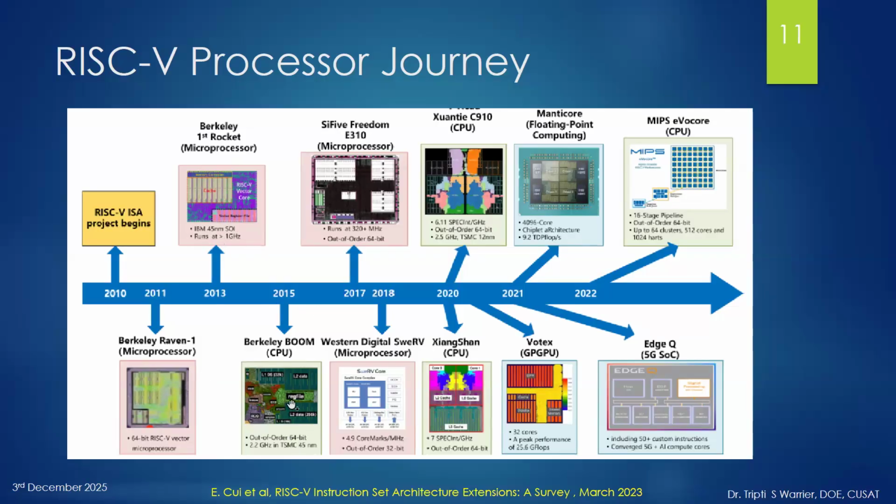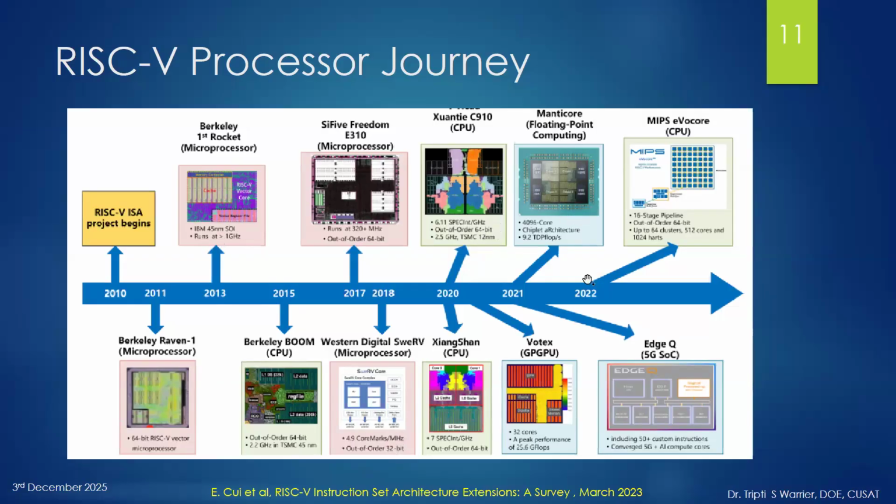You have 64-bit out of order, and then we have a 49-core out of order system, which is server class, with out of order 32-bit processors. Then TSMC 12 nanometer out of order 64-bit cores are available.